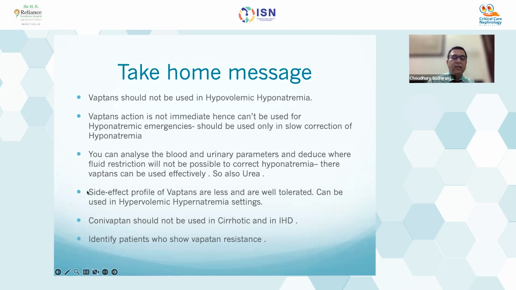So in chronic liver disease patients, there are trials which say that if you closely monitor the liver enzymes and the liver functions, and you can just juggle with the vaptans, then you can correct the sodium level and the hyponatremia.